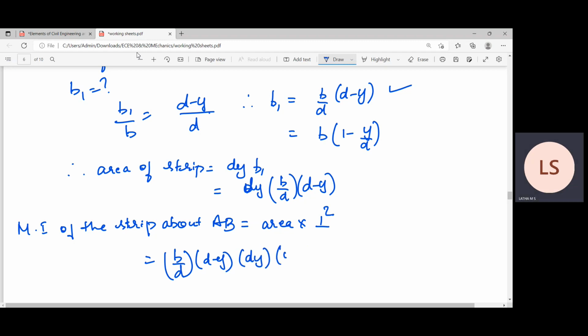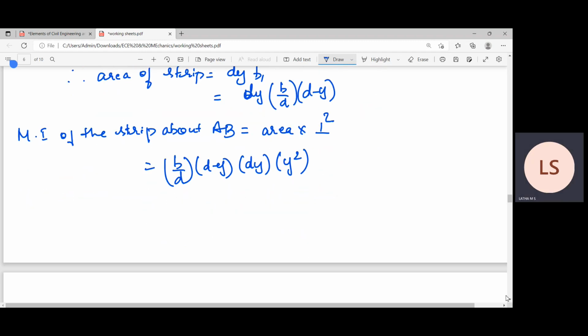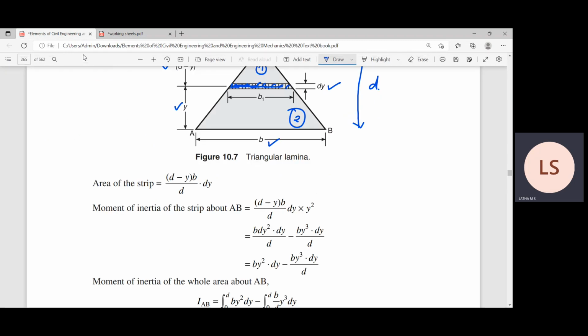What is the perpendicular distance? Y square. As you can see in the diagram, the strip is located at a distance of y.